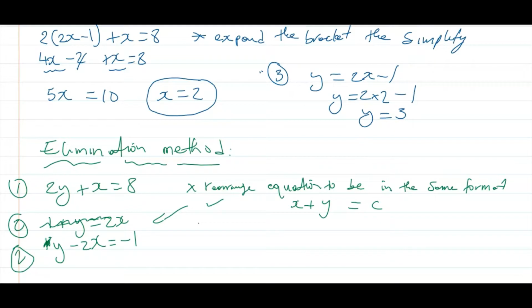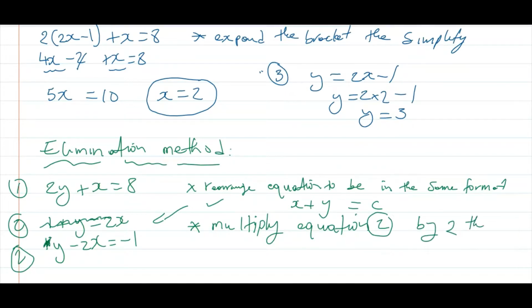But I would like to do the first option, which is to multiply equation 2 by 2, then subtract it from equation 1.